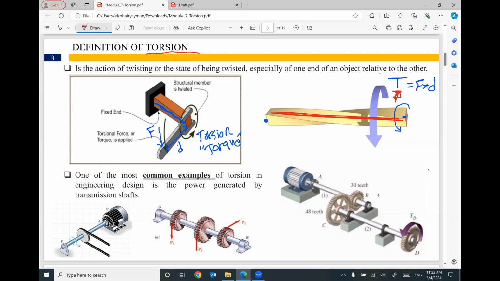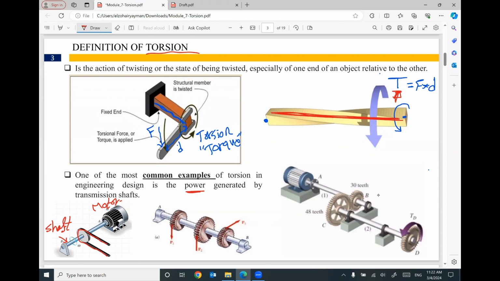or torque. One of the most common examples of torsion in engineering design is the power generated by transmission shafts. If you look at this motor, this one will create power, will make this shaft rotate, and then will make this assembly move forward and transfer the motion to a different part.